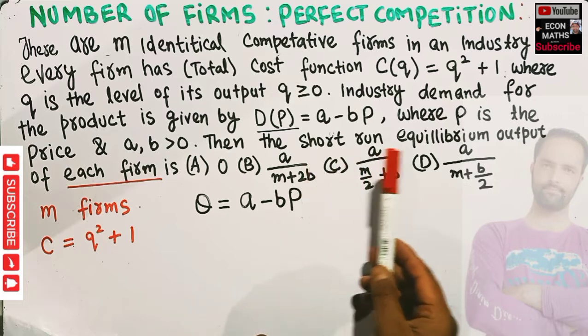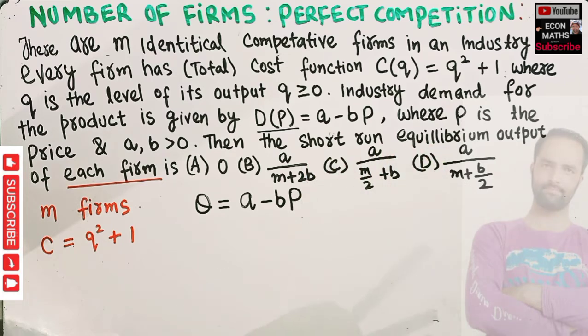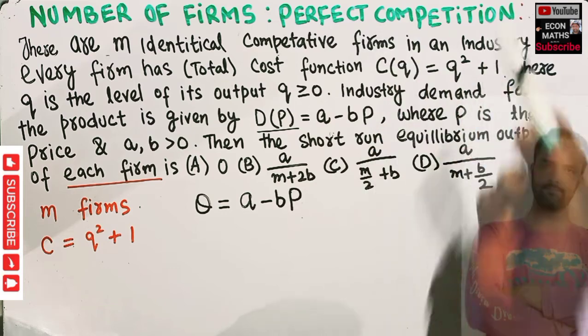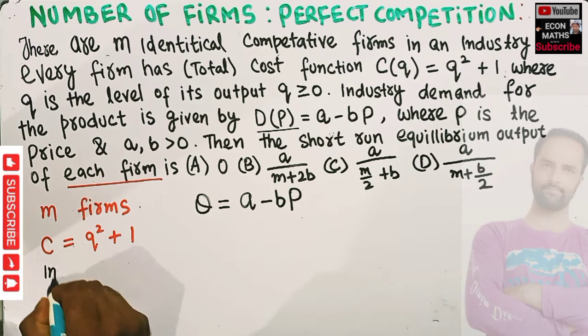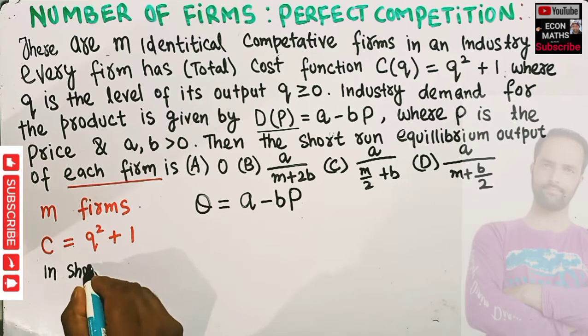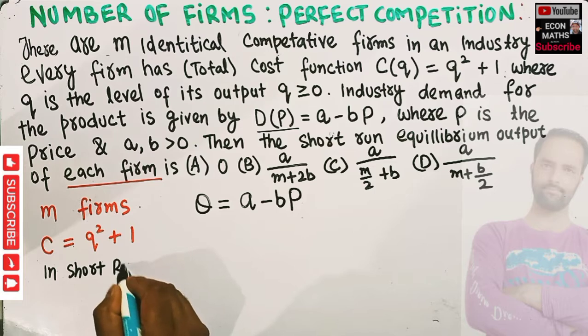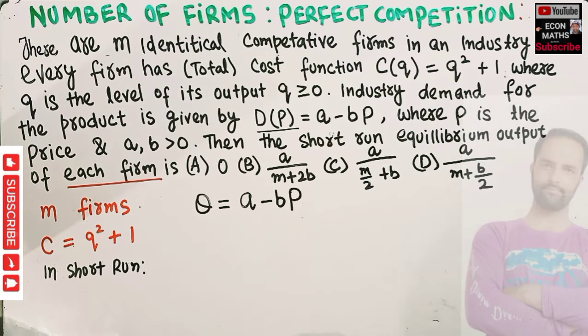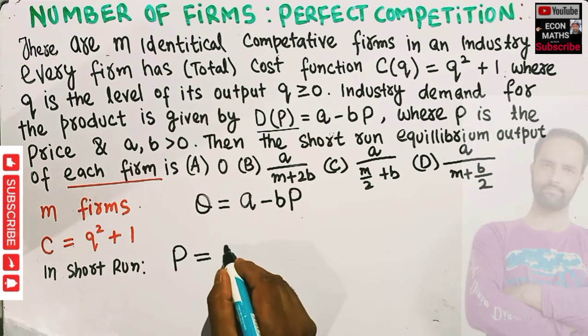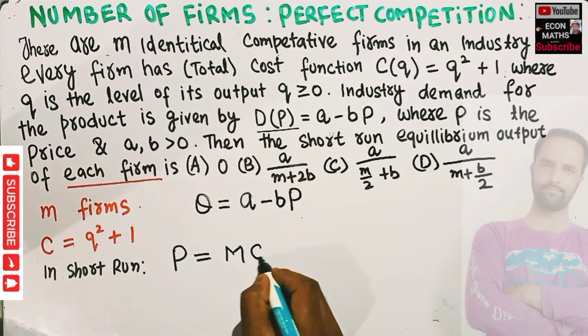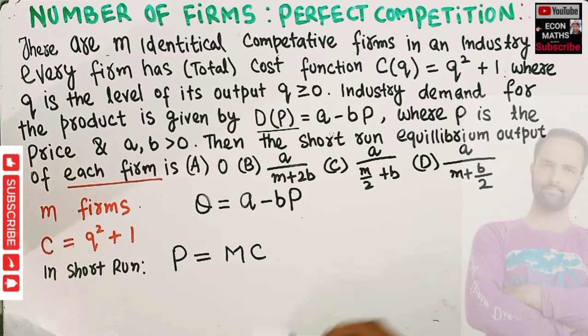We need to find the short-term equilibrium output. If we have perfect competition, in the short run our equilibrium condition is that price should be equal to marginal cost. Each individual firm will equate the price with its marginal cost.